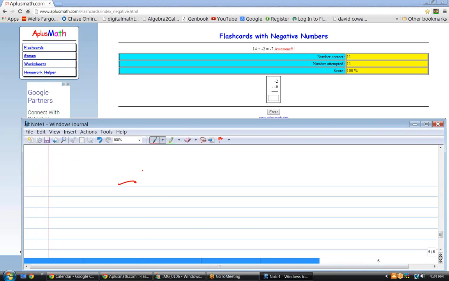We've got a minus 2 minus a minus 6. So it's not multiplication, it's subtraction. And remember what I said to do with subtraction? Change it to a plus and change the sign on the thing that was being subtracted. So now what's the answer? 4. Positive 4, yeah.